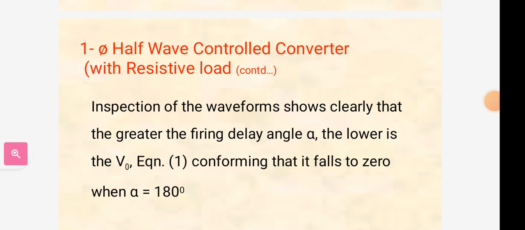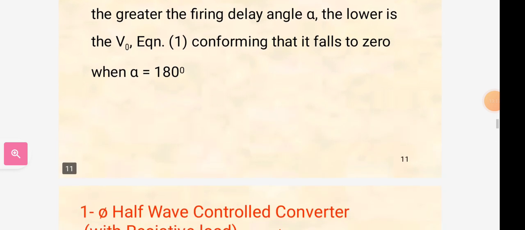Inspection of the waveform shows clearly that the greater the firing delay angle alpha, the lower is the output voltage, confirming that it falls to 0 when alpha is equal to 180 degrees.